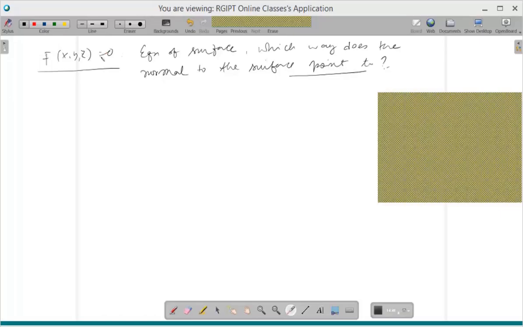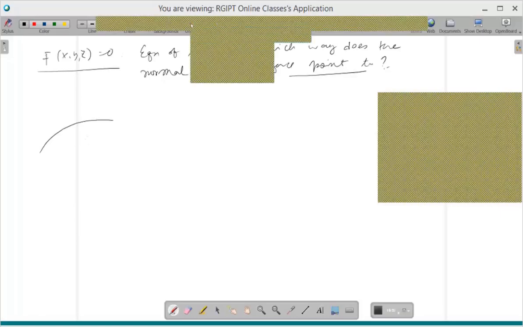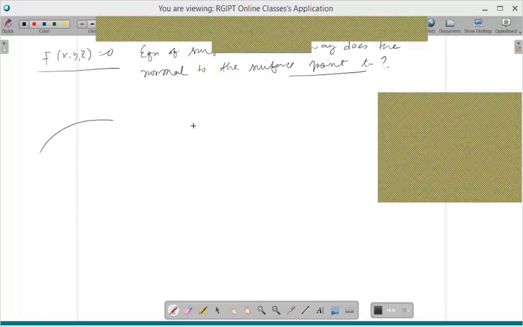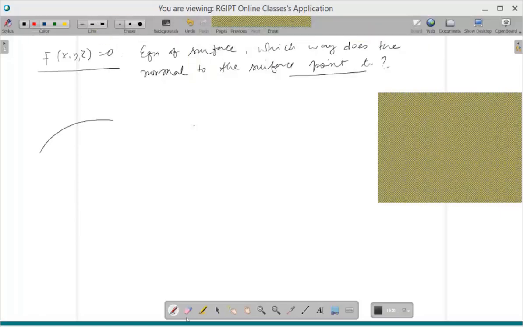Now my question is, once I have that surface and I am standing at any point, not radially outward, you understand the difference, right? Let's say I have a surface that may look like this.